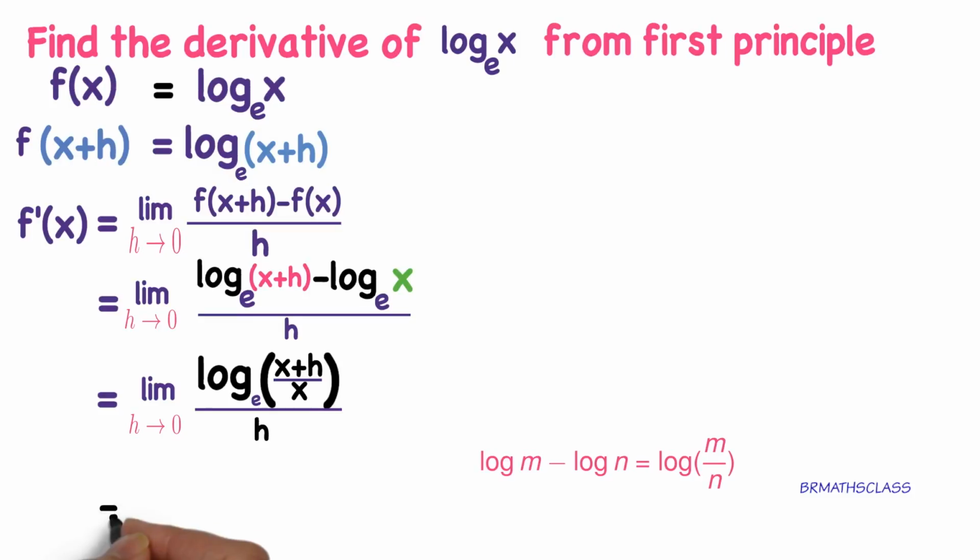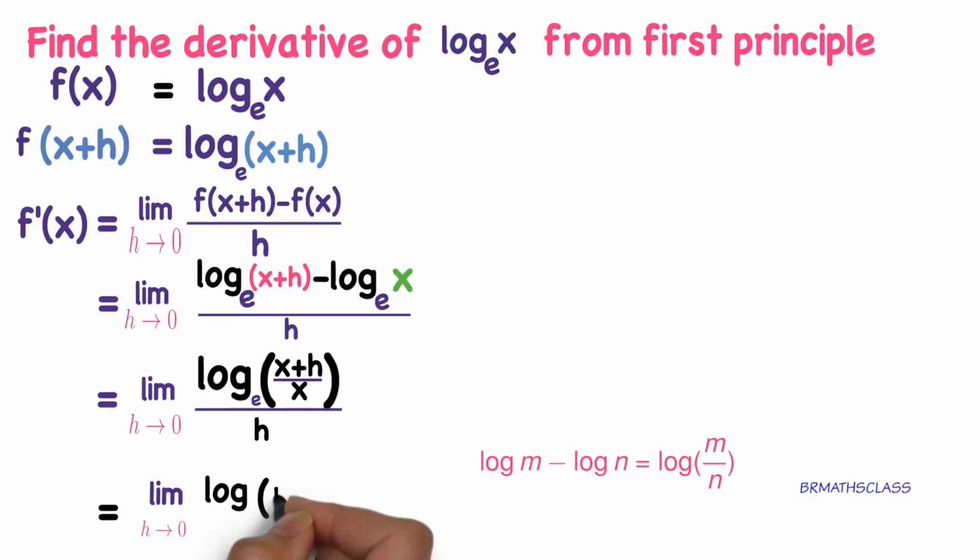That equals limit h approaches 0 of logarithm of, you observe here, x plus h by x can be written as x by x plus h by x. X by x is 1, so 1 plus h divided by x, base e, whole divided by h.